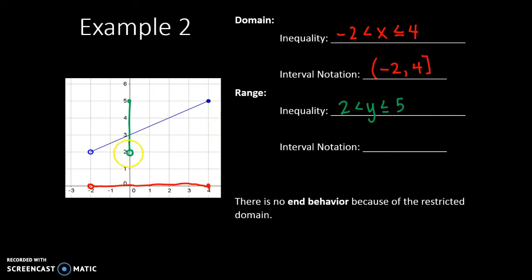And the -2 is not included because that point, the lowest point, was an open circle. But the 5 is included because that point has a closed circle. In interval notation, that would be -2 with a parenthesis and 5 with a bracket.